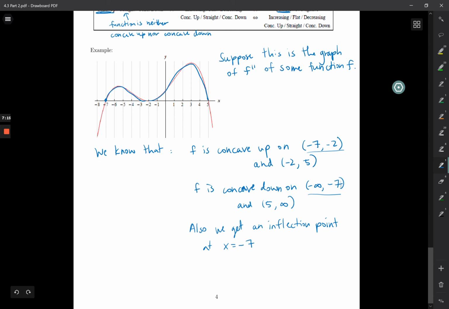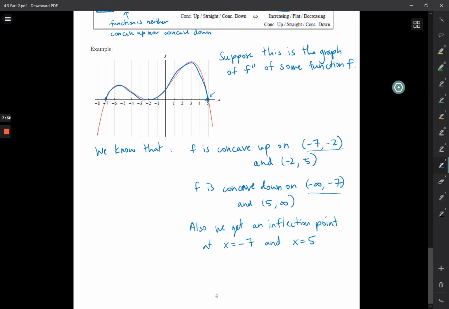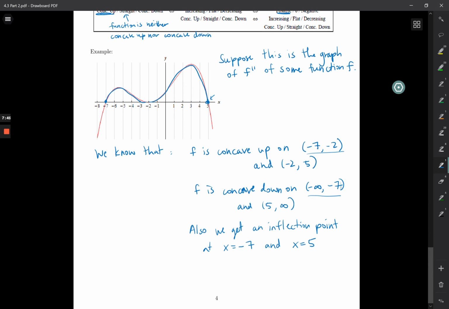And then the same thing, well, not exactly the same, because the function will flip from being concave up to concave down, but it also flips at x equals 5. So we know the x-coordinates of the inflection points. We don't know what the function value will actually be. We can't tell that from the graph of the second derivative.